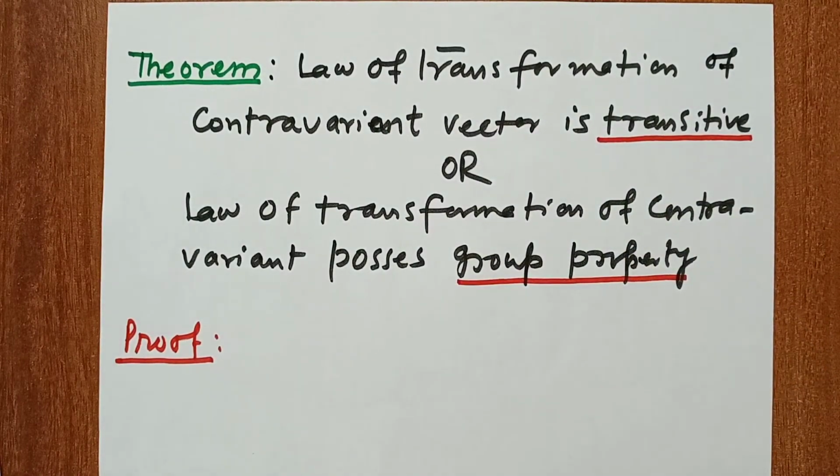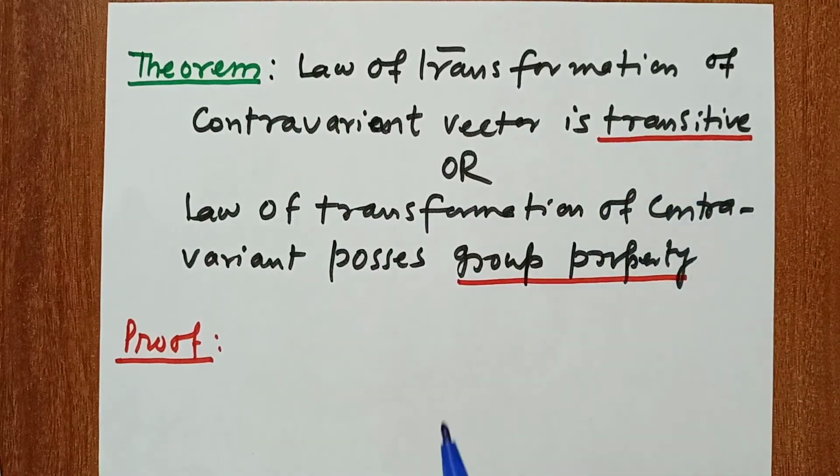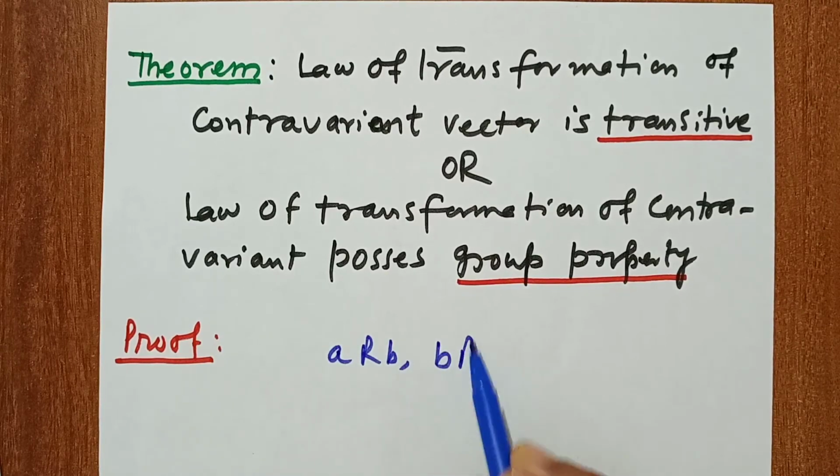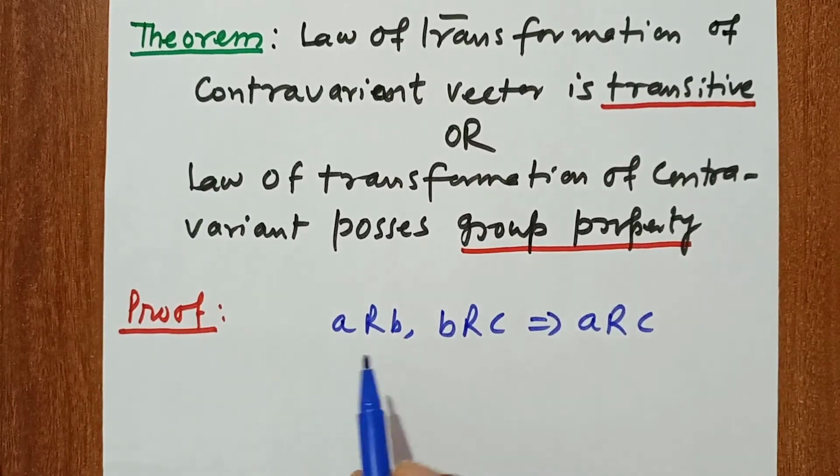As we know, what is the transitive property? A relation R on a set A is transitive if A related to B and B related to C implies A related to C. So this is the property of transitivity.